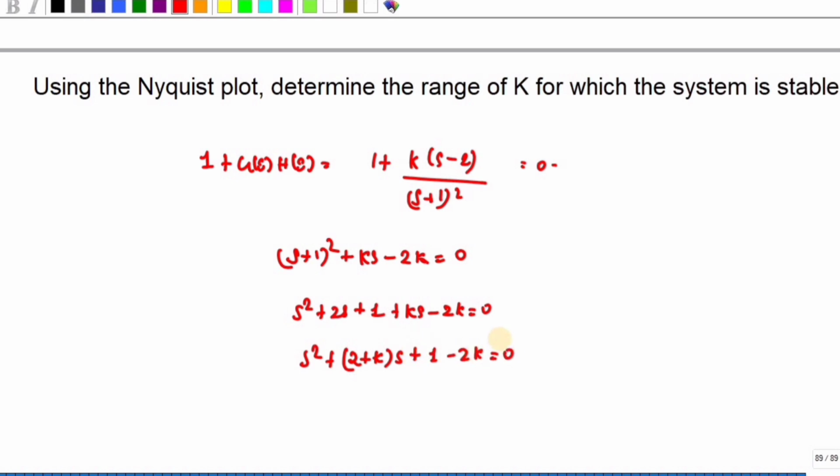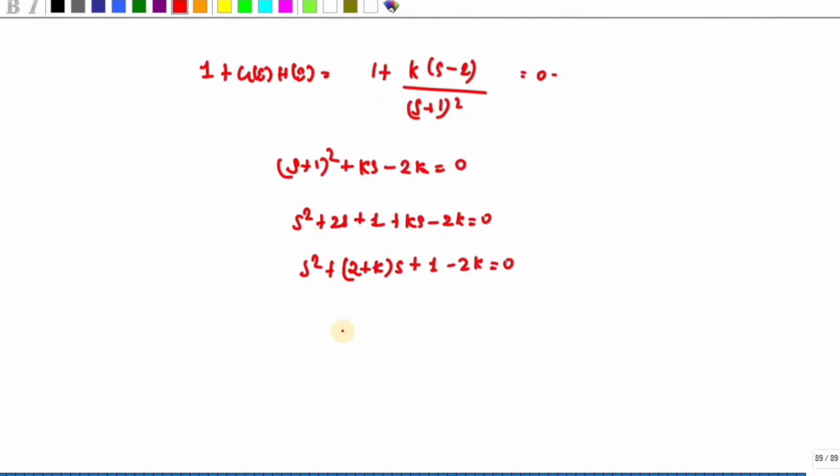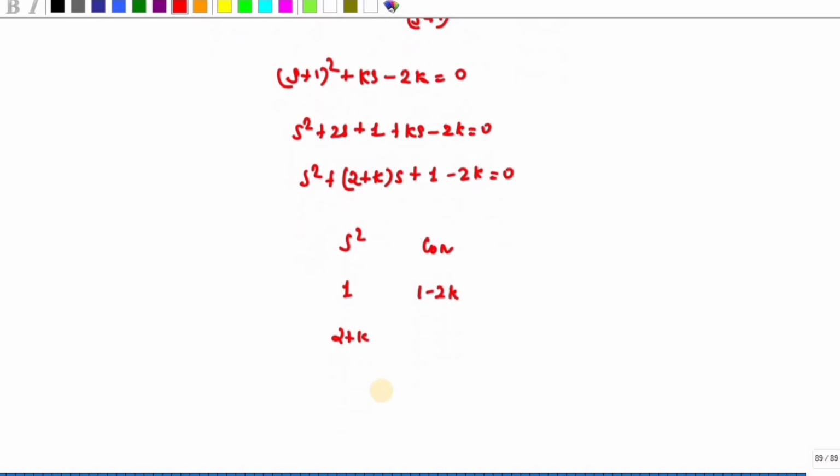So you take the s² term, then the coefficients are 1, 2 + K, and 1 − 2K. If I solve the above equation, I will get 1 − 2K.